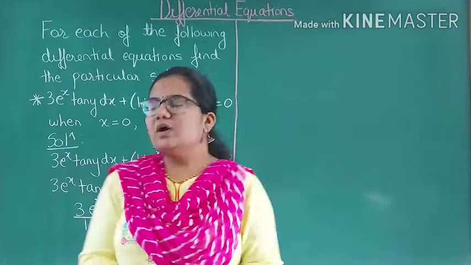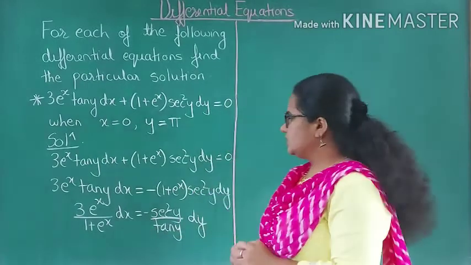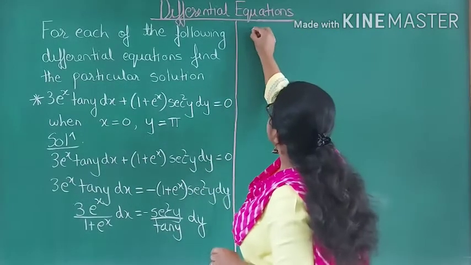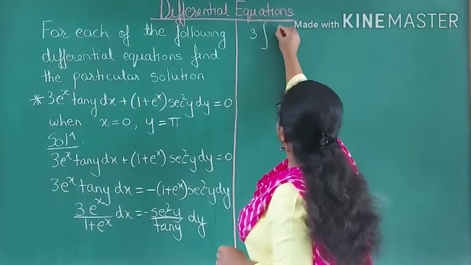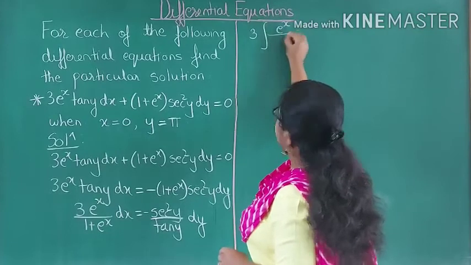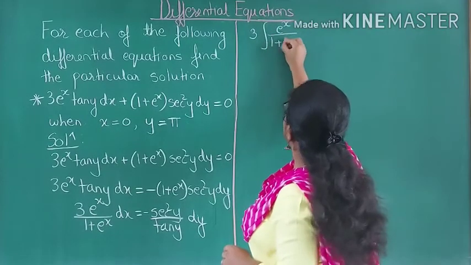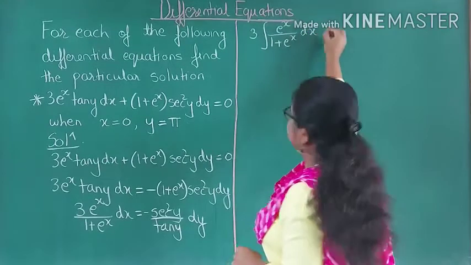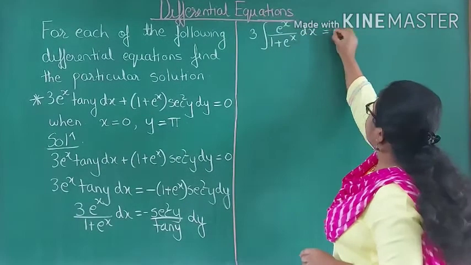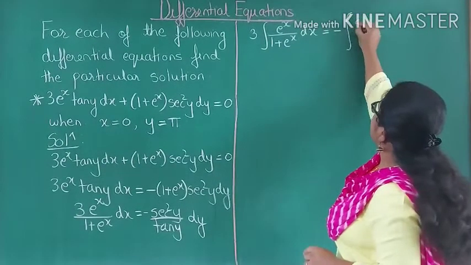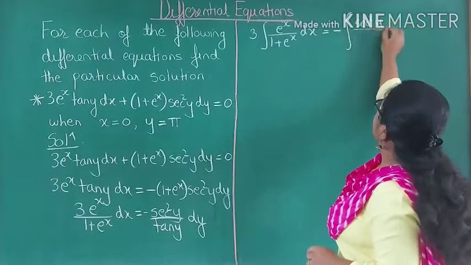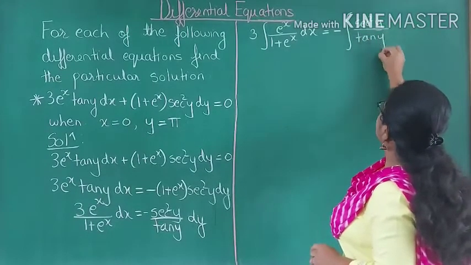After this, what do we do? We integrate both sides. So 3 is constant, we can take it outside the integration. This will become integration of e raised to x upon (1 plus e raised to x) dx equal to minus integration of sec square y upon tan y dy.